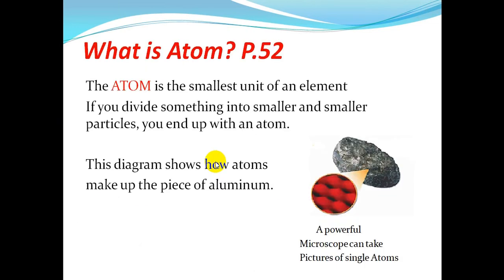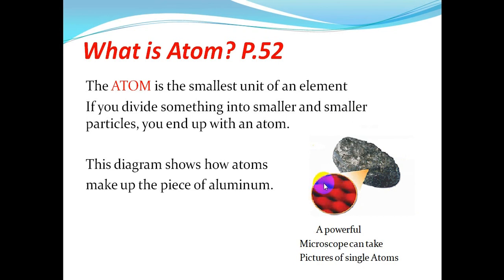What is an atom? The atom is the smallest unit of an element. As we see here, we have a piece of aluminum. By using powerful microscopes, special kinds of microscope, we can see the atoms inside. Can you see these tiny balls? These are atoms. So what are atoms?